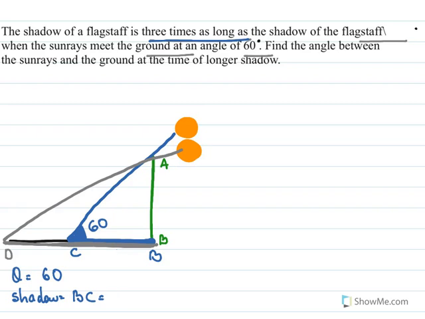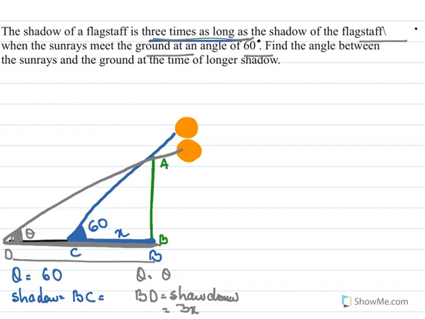Now the angle of elevation is theta. We don't know the angle, so say theta. But for theta, the shadow BD is now 3x. They said 3 times longer, which is equal to 3x. So right from here to here, this is 3x. We have to find theta.